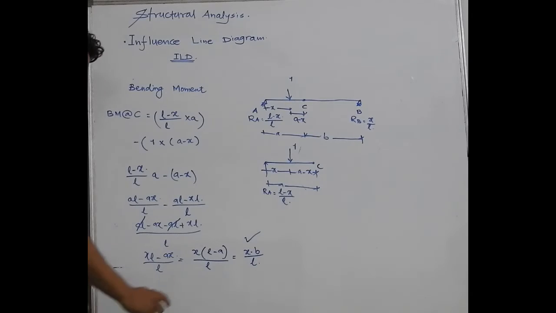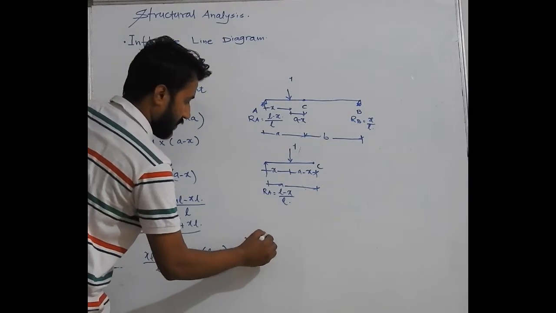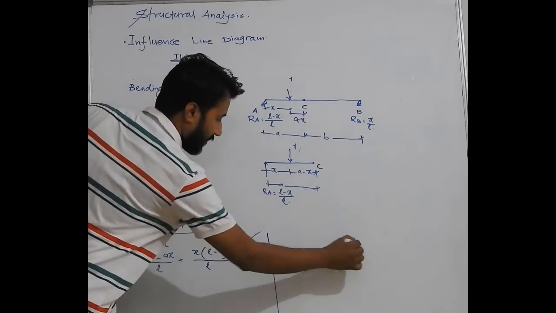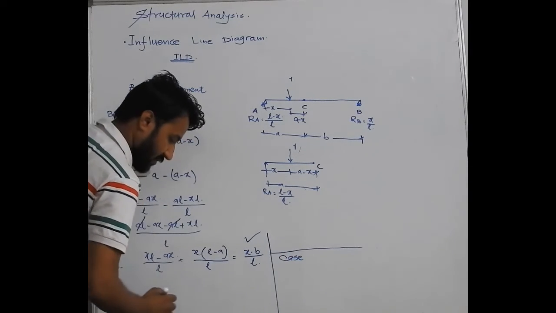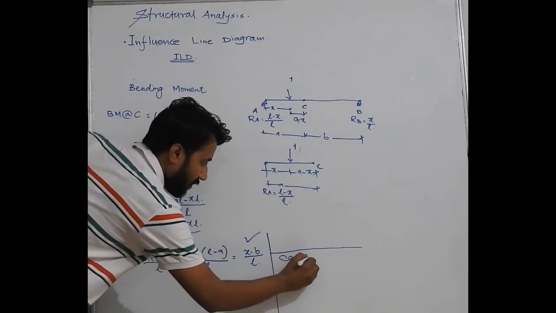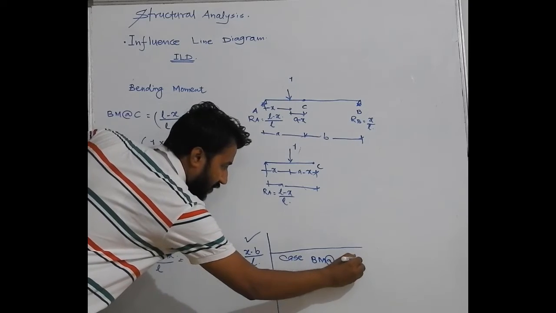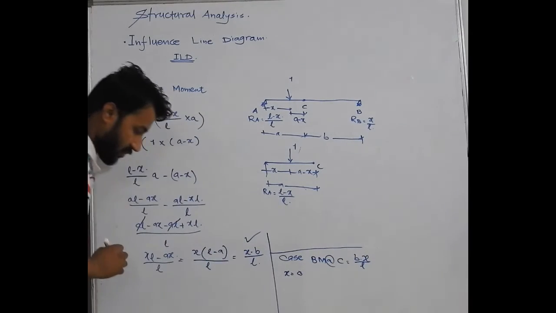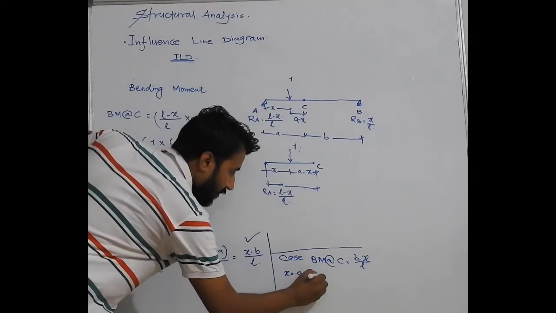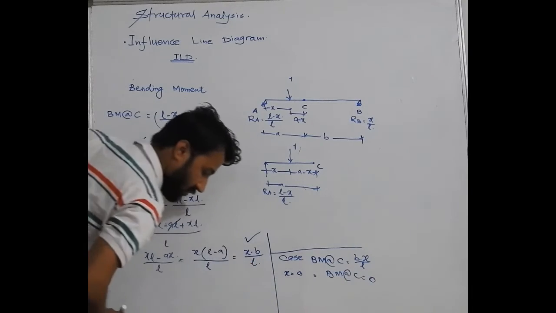Okay, so we will make the cases. Bending moment at C, I am writing this case at this point. The bending moment at C is equal to B into X divided by L. Put the value X equals 0, so the bending moment at C will be equal to 0.